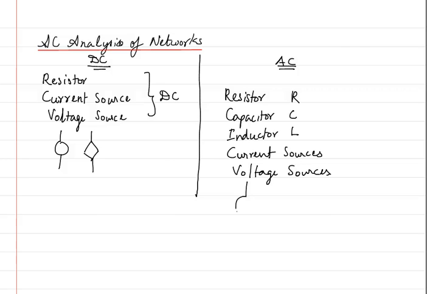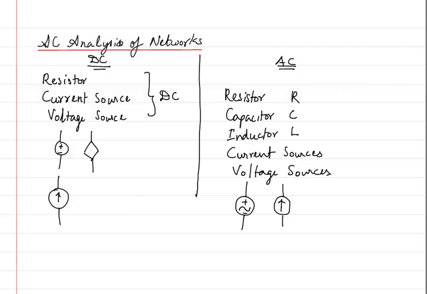But previously, in DC, we used to show the voltage source like this. But in here, we will put a sinusoidal wave in between. If we are going to have a DC current source, then we would have drawn something like this.